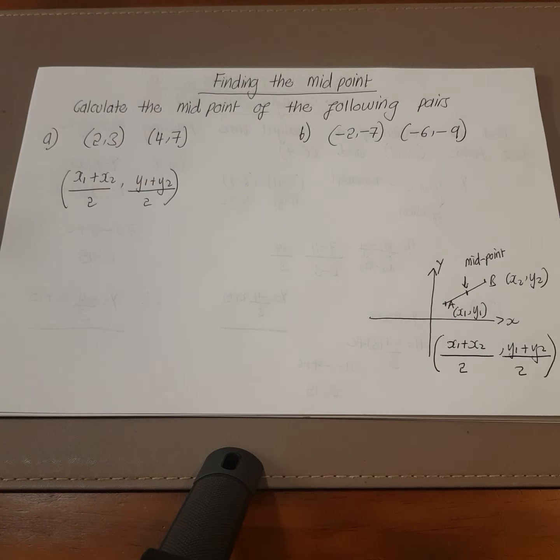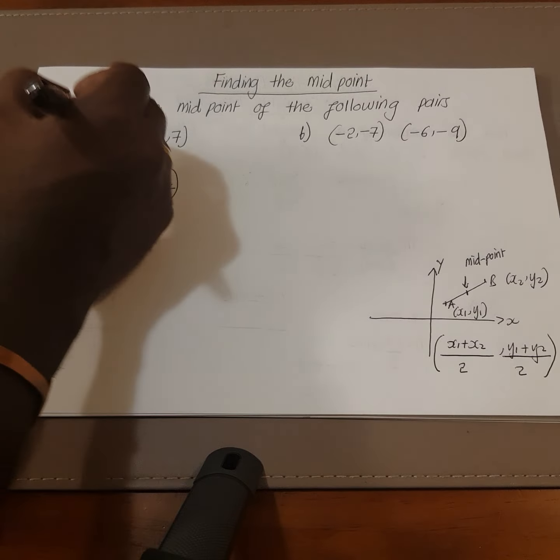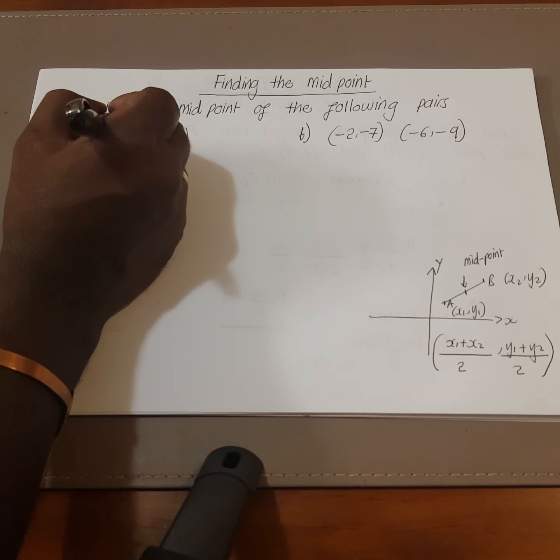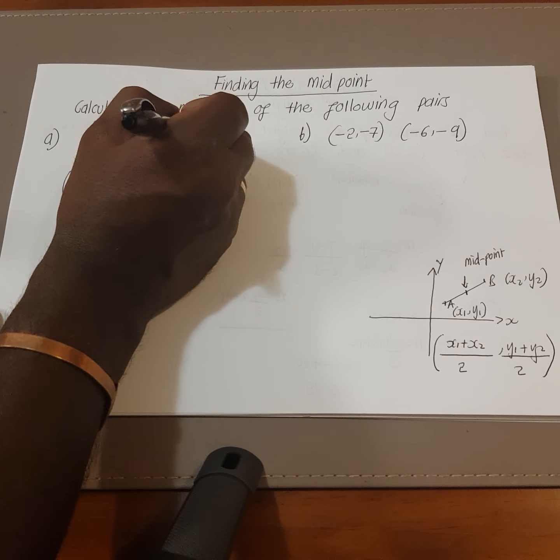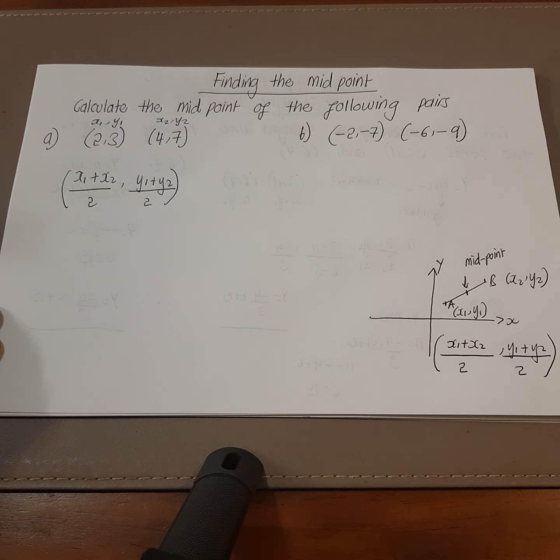All right, so that's the formula you write down. So if you see here what we've got in this situation, we put that as x1 and y1, and we put that as x2 and y2.